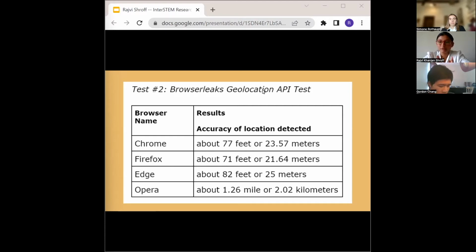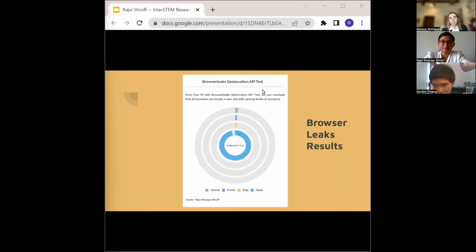So in terms of this test, more privacy friendly would be Opera all the way down to Firefox. The data visualization as a radial bar graph can be seen here. Note how much the difference is with Opera, which was better for privacy, which you can see here in blue, compared to the others, which were more or less the same.